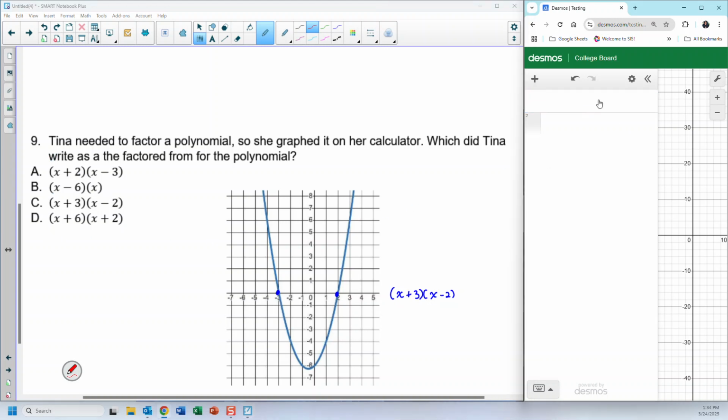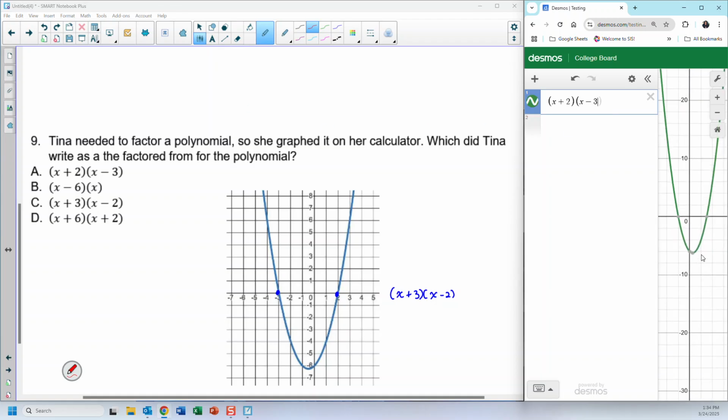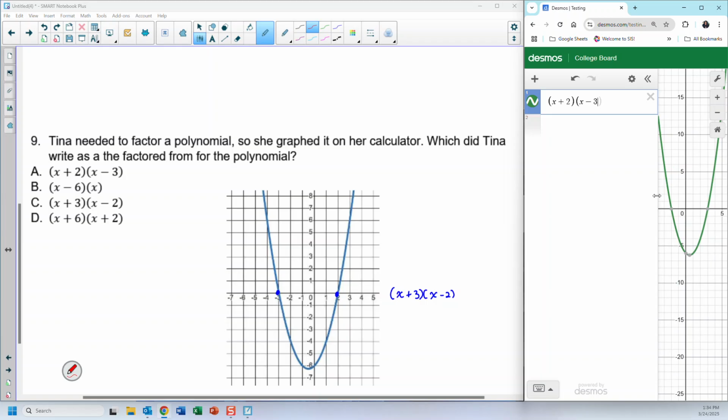But if you can't remember the way that works, you can always just graph each one and then check. I'm going to go ahead and graph the first one. That looks right, but if you look closely, it's not. My clicker stopped working.